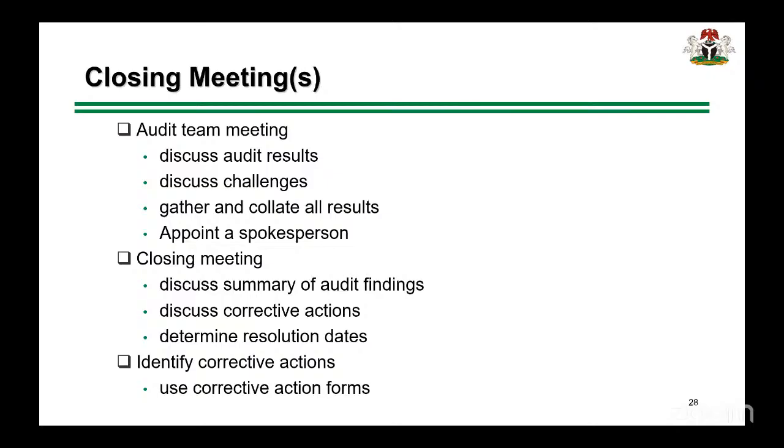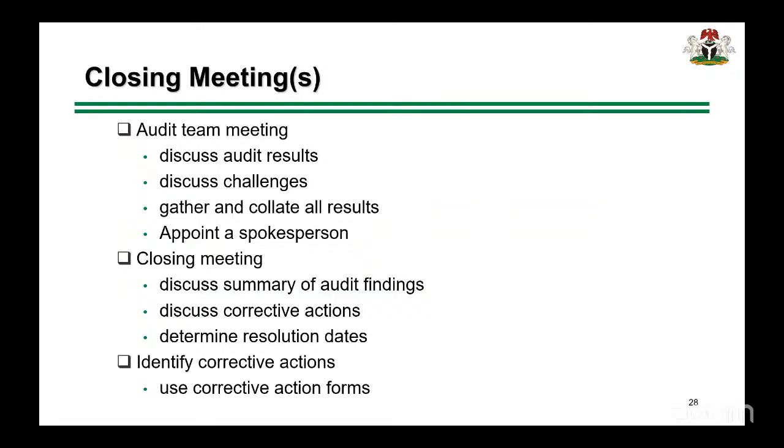Then the closing meeting. These are the things you check in the closing meeting: discuss the audit results, discuss the challenges, gather and collate all the results, and appoint someone who can speak in the closing meeting. We're talking about doing the audit as a team. Discuss the summary of the audit findings, all the things you found in the audit.